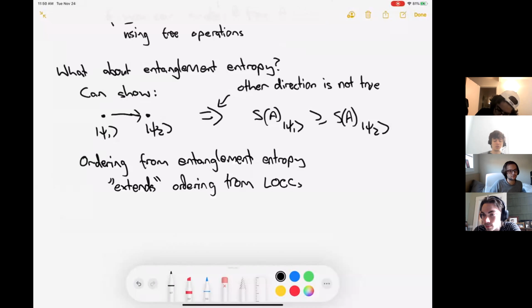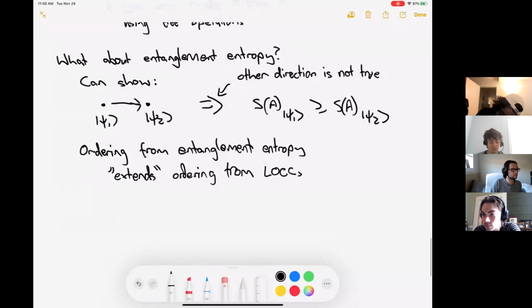If something is more entangled than something else according to LOCC, it also will be according to entanglement entropy, but entanglement entropy can compare more things. Okay.